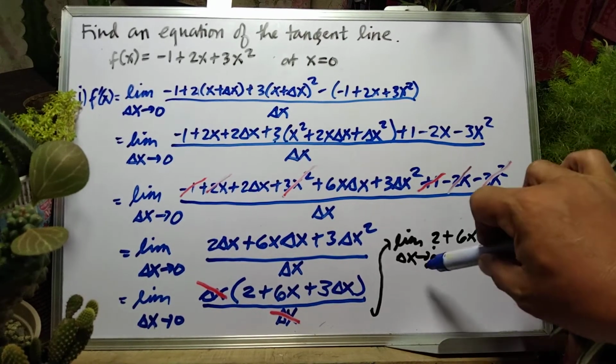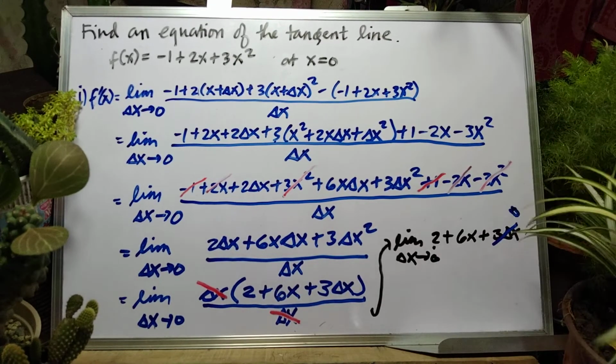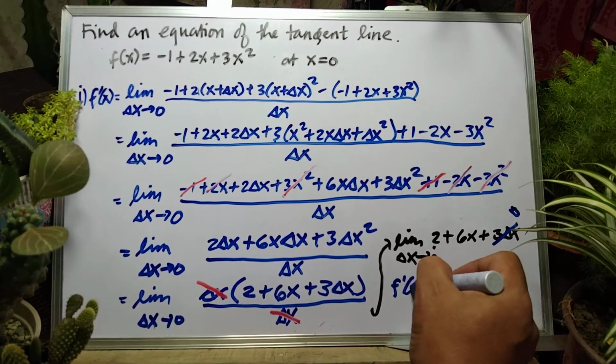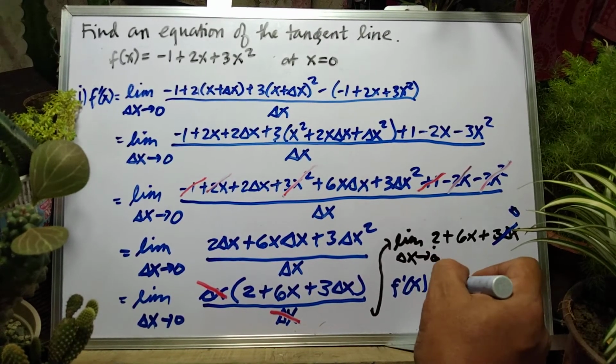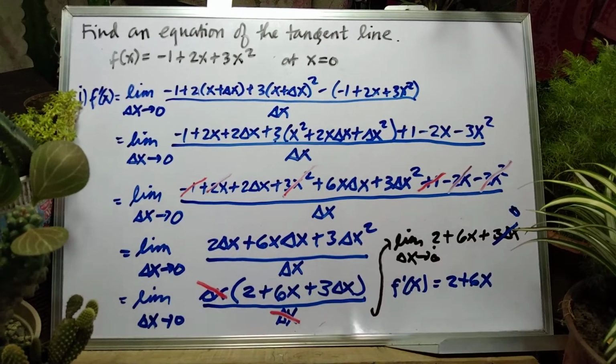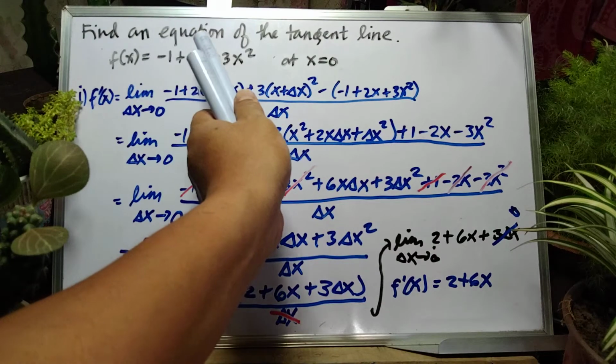Kaning 3 as delta x approaches 0, so mao na siyang 0. So, what is left? You have f prime of x is equal to 2 plus 6x.